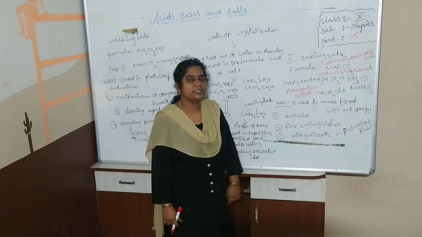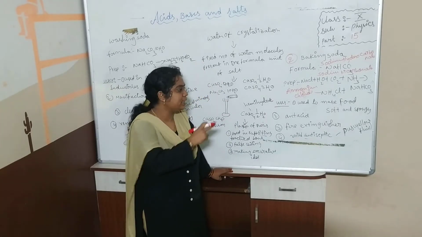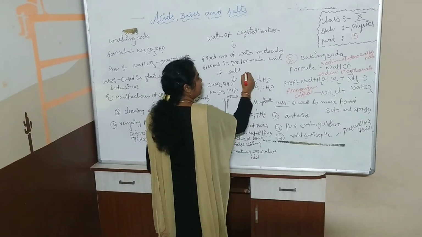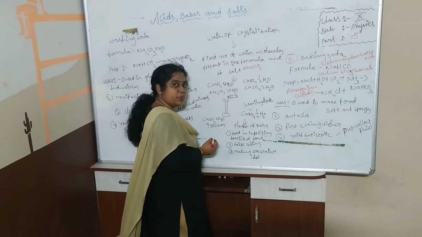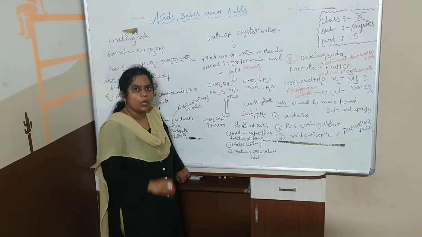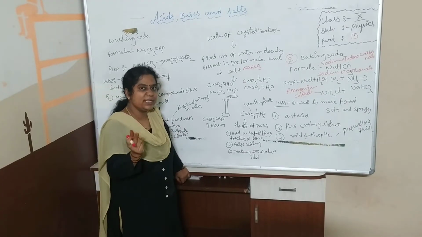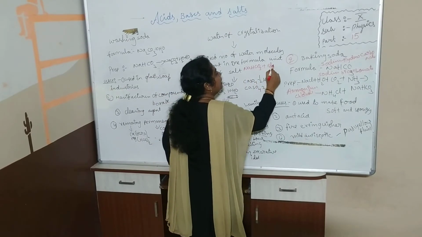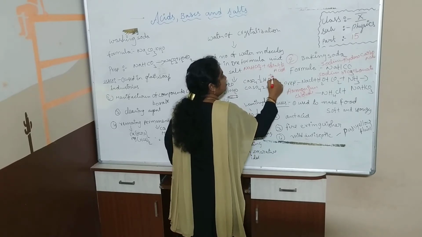This baking soda is used in bakeries to make the food soft and even spongy. What is happening here? I told you the formula of baking soda is NaHCO3. This is baking soda. Baking powder is different. Baking soda plus some edible acid, like tartaric acid.